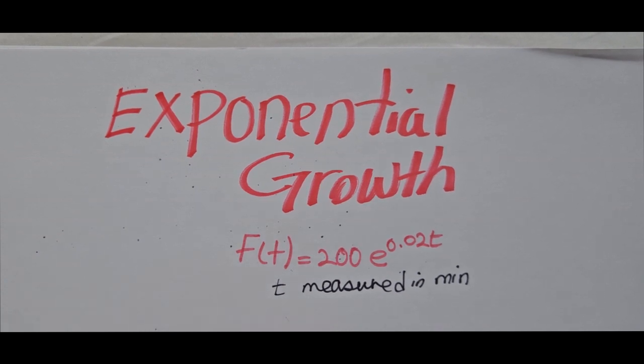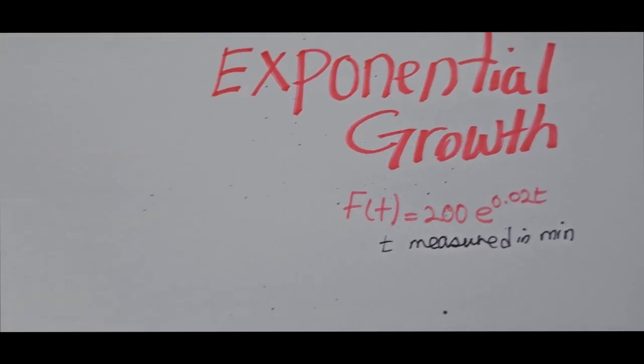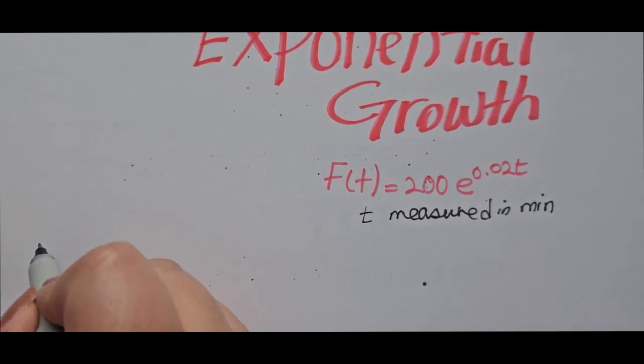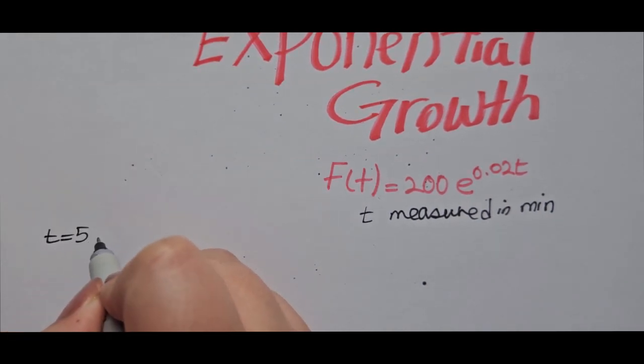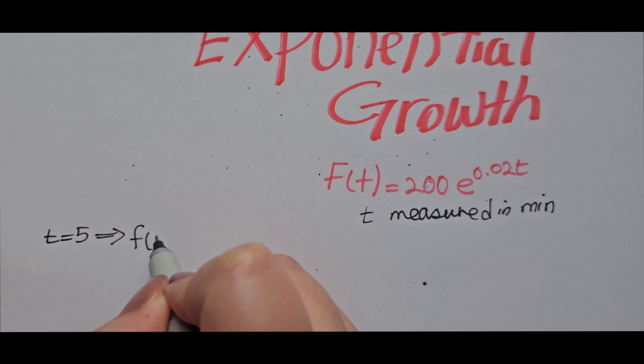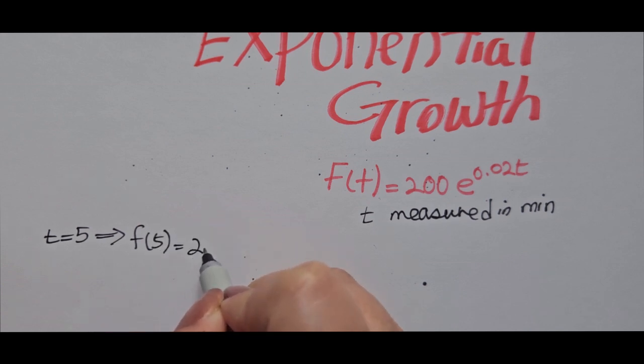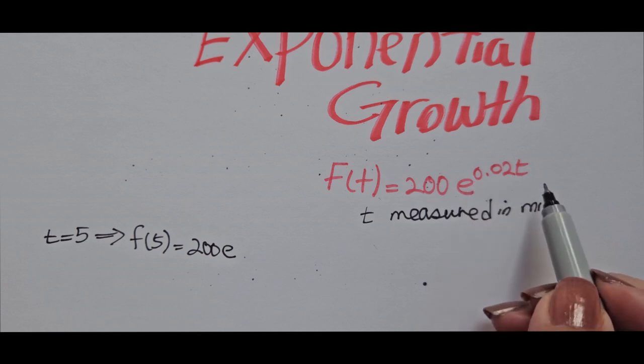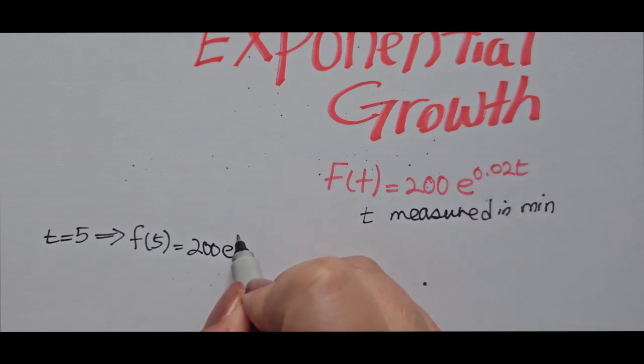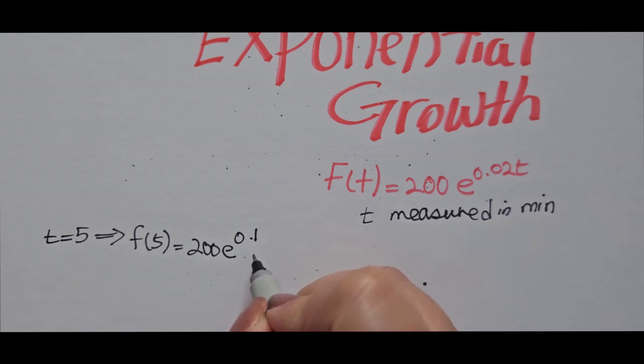What we have to do, because it's already mentioned that t is in terms of minutes, so t is 5. We will just substitute it. f of 5 would be 200 e to the power 0.02 multiplied by 5, right? Then you put it in your calculator and you see the answer.